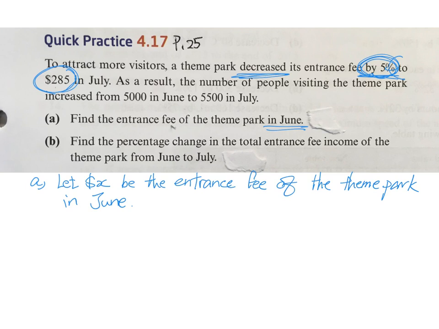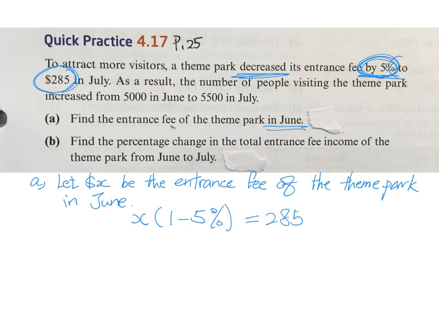So you will have a formula. Compared with the value in June, it is 5% less, so it must be times 1 minus 5%. And the corresponding new value is 285.